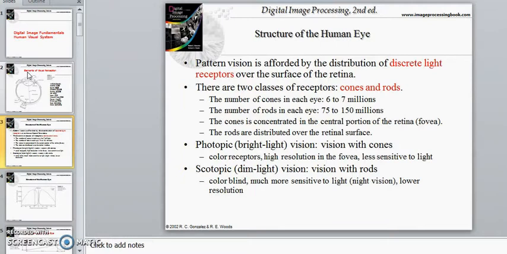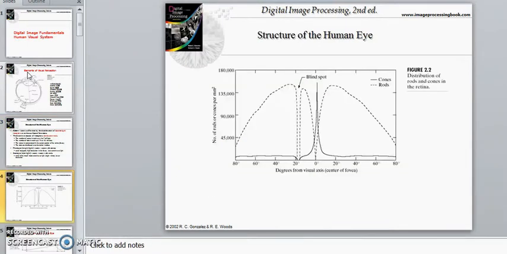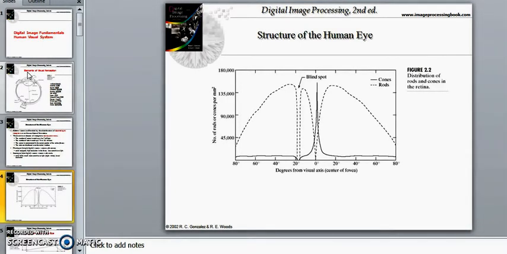We are able to distinguish the colors because there are three distinct types of cones, each sensitive to different bands of the electromagnetic spectrum. The relative sensitivity as a function of wavelength of the cones is shown in the figure.